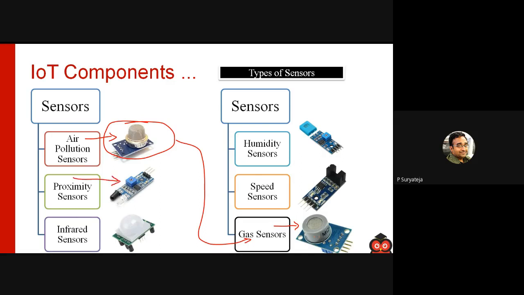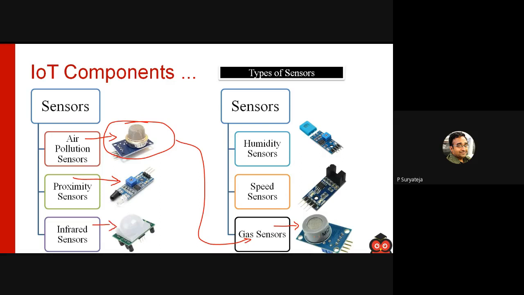We can have proximity sensors, that is, to detect whether an object is present or not. Whether a person is present at a location, yes or no. Such output will be given by proximity sensors.